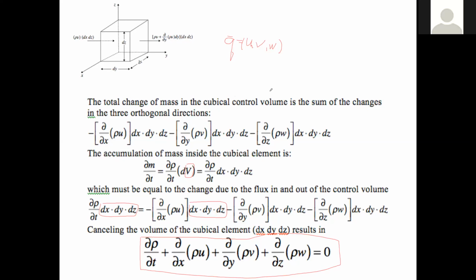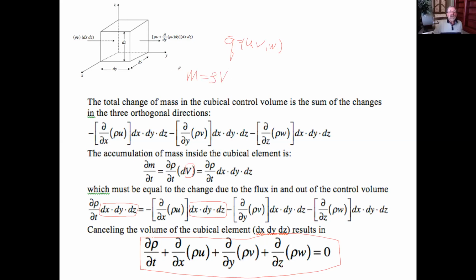Thank you. Okay. I have a question. You said the accumulation of mass inside the cube is due to a change in its density. What happens if I'm trying to say what is the mass inside? The mass inside is going to be equal to rho times volume.